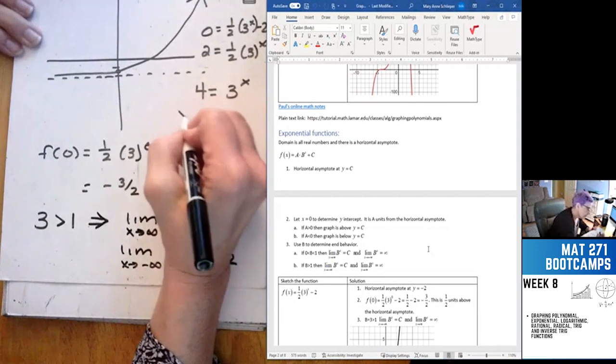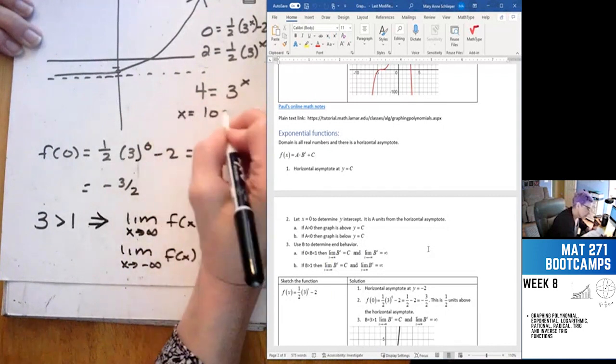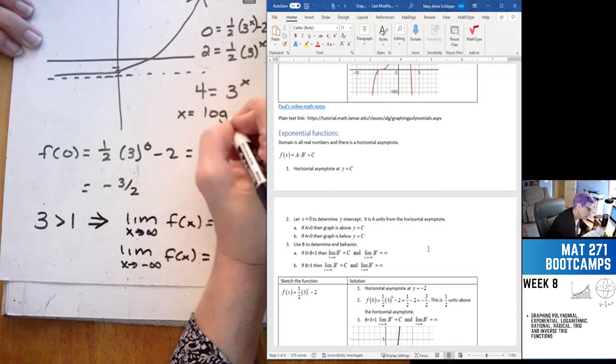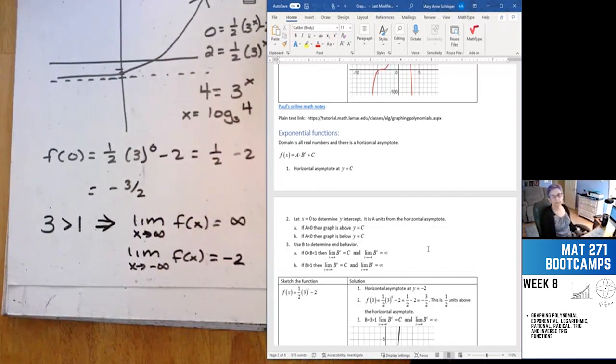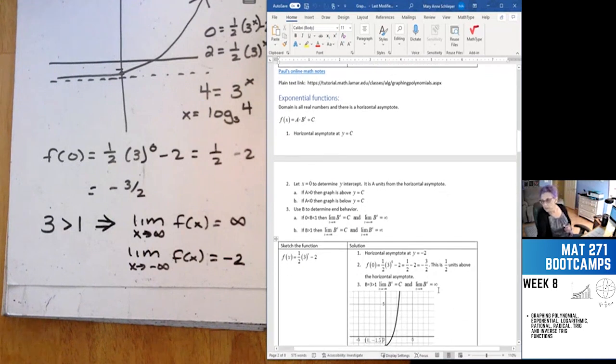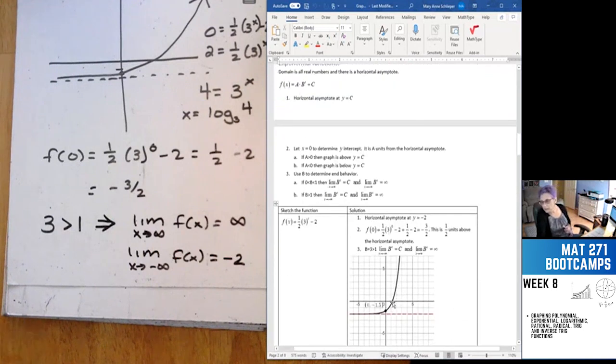So x is equal to log base 3 of 4. And you could get a decimal estimate for that and figure out where you want to cross the axis. And it would be somewhere right in there.